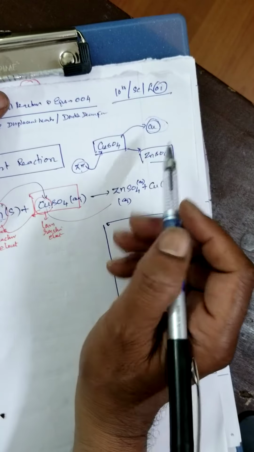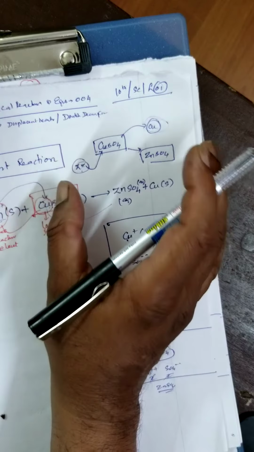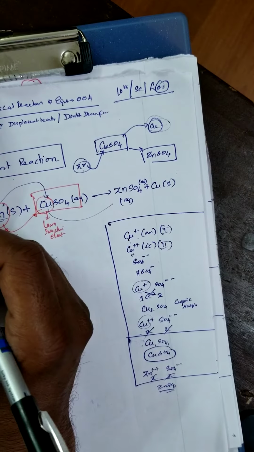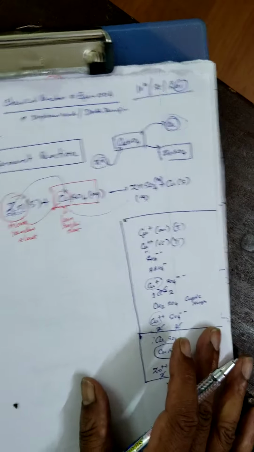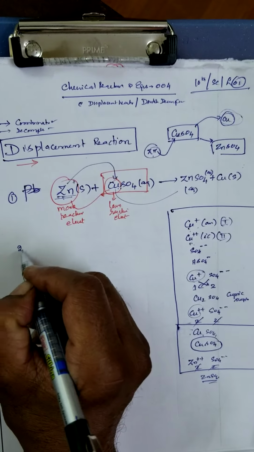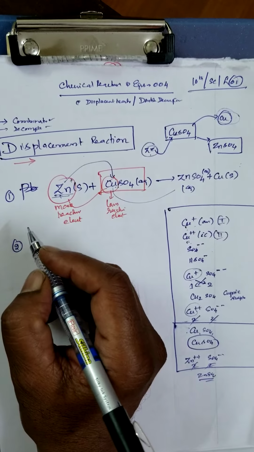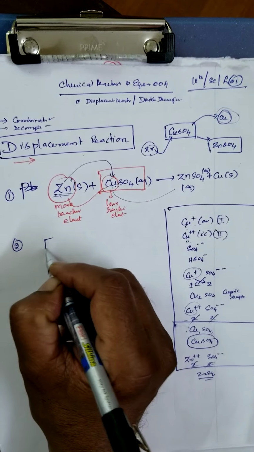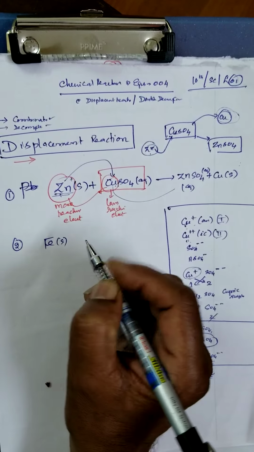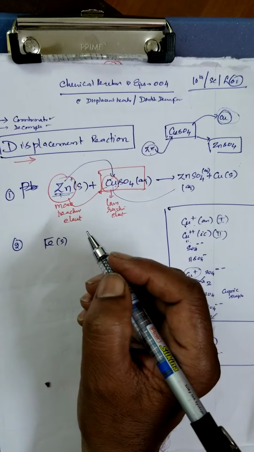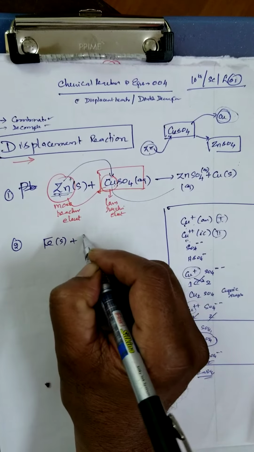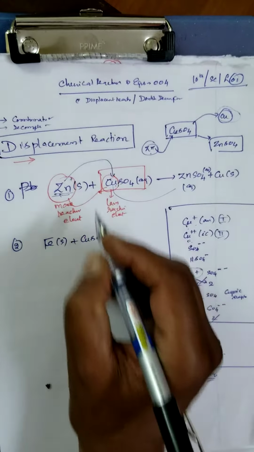Very, very important. This is an example of displacement reaction. Another example you can give, iron, that is ferrous, with copper sulfate, same reaction.